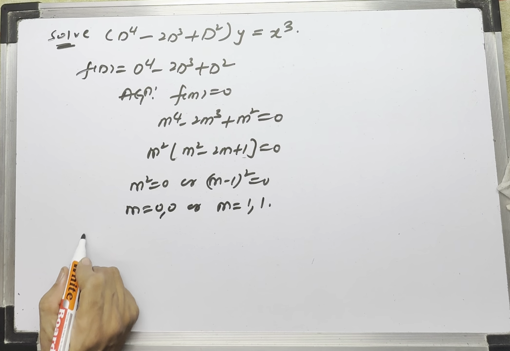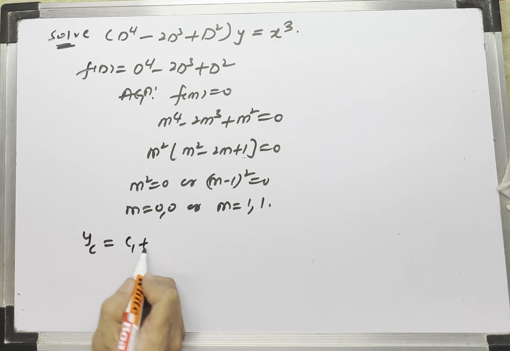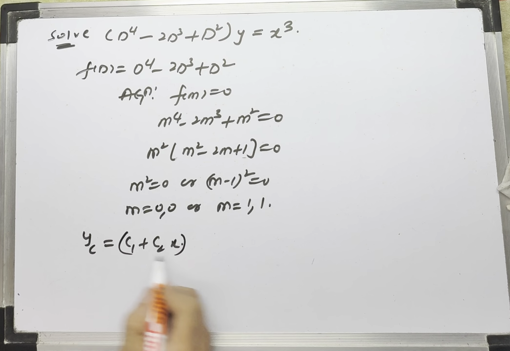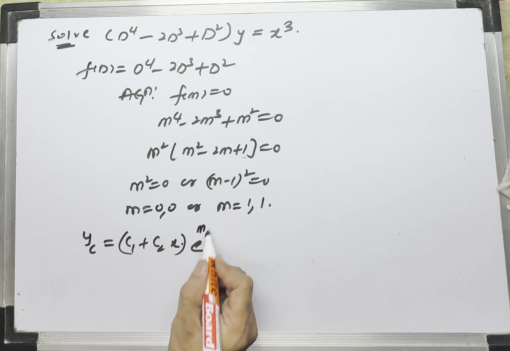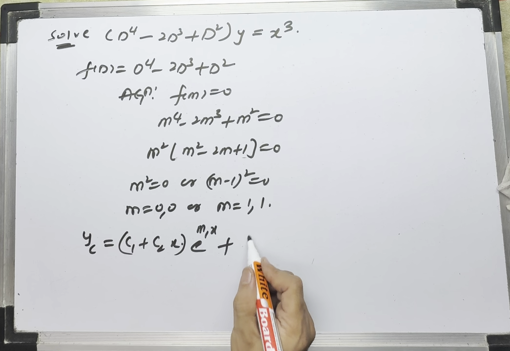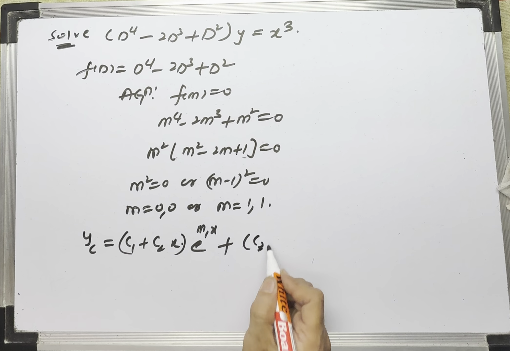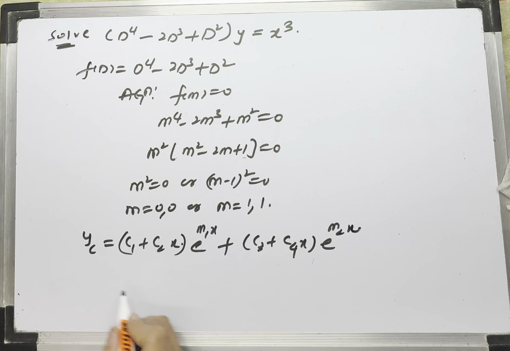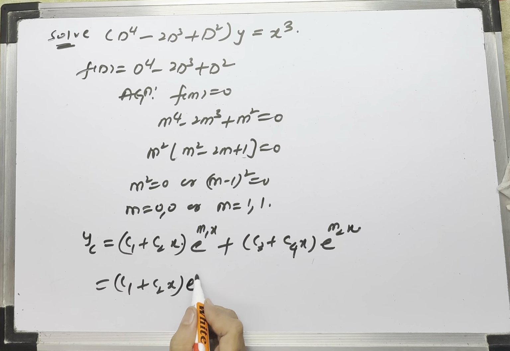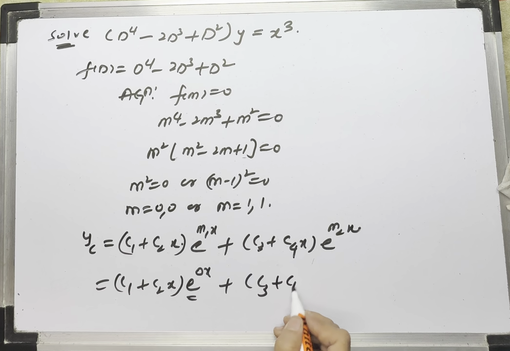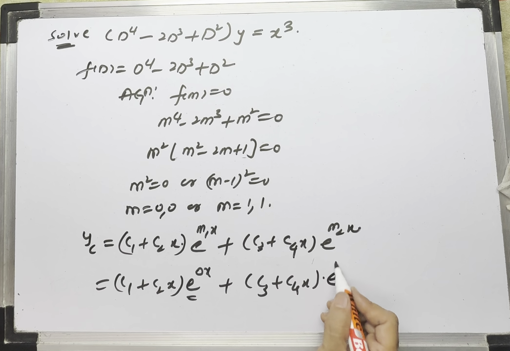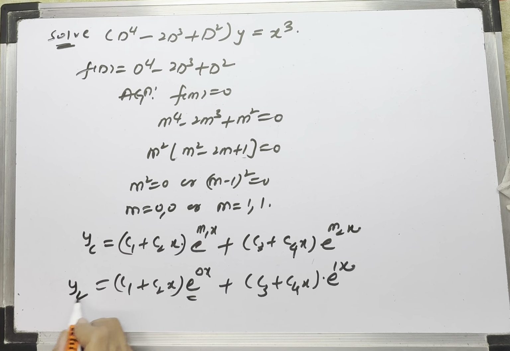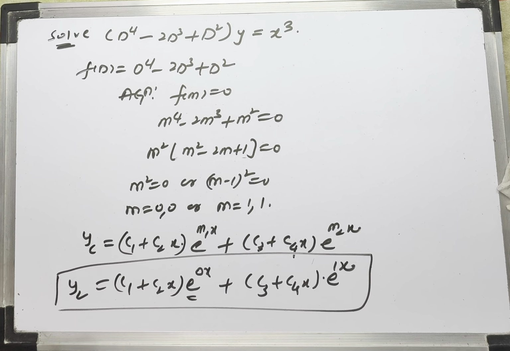So what is yc now? yc equals c1 plus c2x into e power the repeated value, plus 2 more repeated values are there. c2 is over, c3 plus c4x into e power m2x, the second repeated value. So this will be c1 plus c2x into e power 0x. This is 1 anyhow. c3 plus c4x into e power m2x. This is 1x. So we got the value for yc.